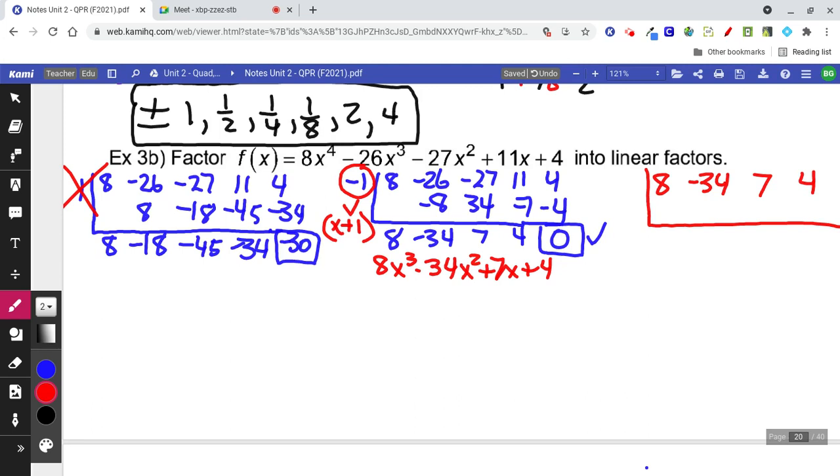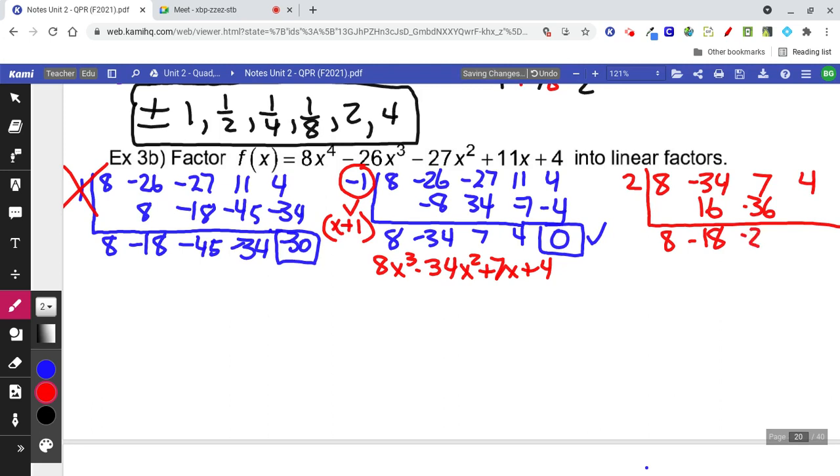I'm not going to try that because I know it doesn't work again. I'm going to move on and try another number like positive 2. All right. So let's just see if positive 2 works. Positive 2. Add down, you get 8, multiply 16. Add down negative 18. Multiply negative 36. I'm not feeling good about this one.